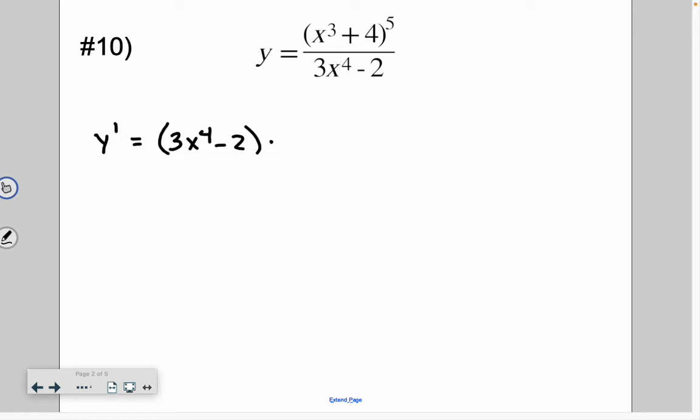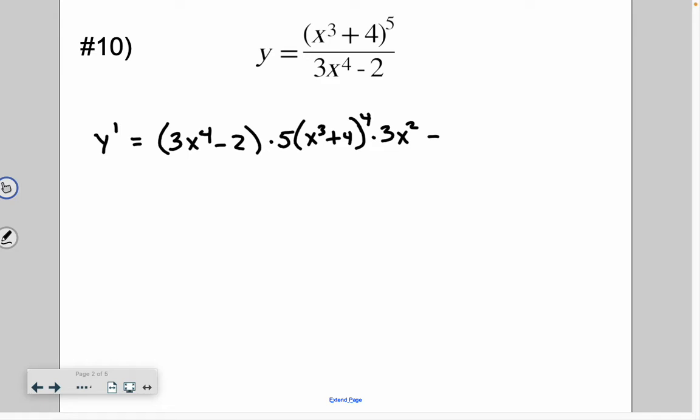Okay? So, we bring the 5 out front. It is now raised to the 4th power. And then remember, we multiply by the derivative of the inside function, which would be 3x squared. Okay? So there's the low d high. Here's the low. Derivative of the numerator. It is minus now. Yep.